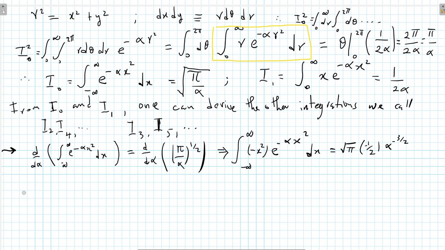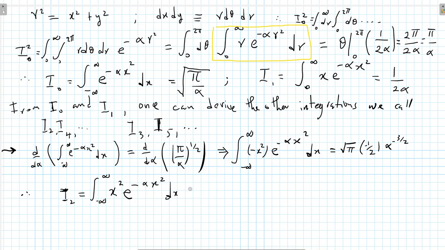Therefore, we define I2 to be the integration from minus infinity to infinity, x squared e to the minus alpha x squared dx.